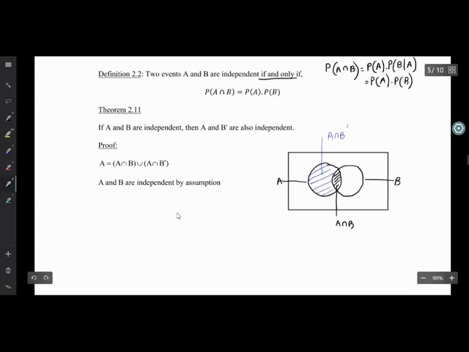Since A and B are independent, by assumption, A intersection B and A intersection B prime, you can see that they are mutually exclusive. They do not overlap, as the way we selected it. So we can write the probability of A as the probability of A intersection B union A intersection B prime. Since they are mutually exclusive, you can split it and add the probabilities like this.